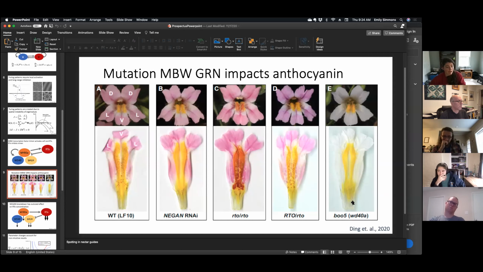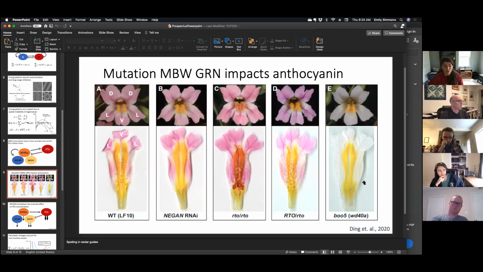By contrast, if you look at this WD-40 knockout, if you completely knock out WD-40 in the plant, you get basically an albino looking flower where there is no anthocyanin on the nectar guides, but there's also completely white petals because the WD-40 has not been able to interact with the MYB protein that is in the petals.